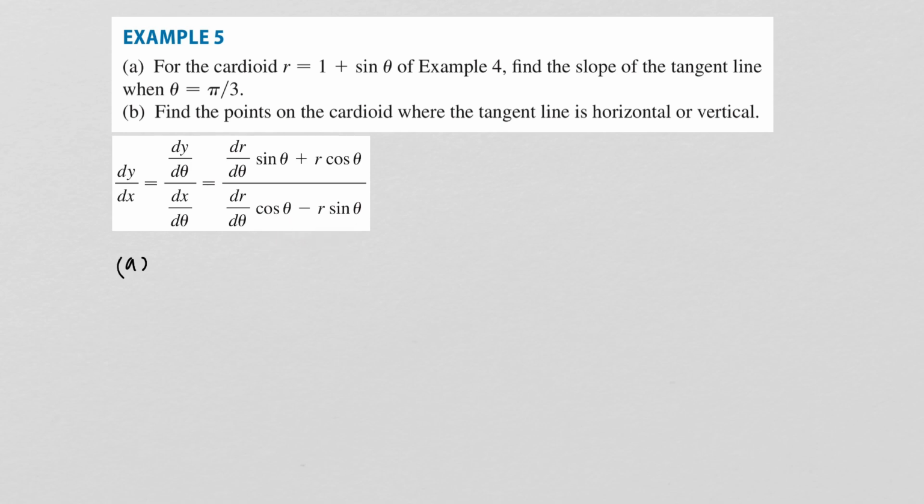So we're going to start by rewriting r is equal to 1 plus the sine of theta, and we can find dr/d theta using regular derivative techniques, and we know that this is equal to cosine of theta.